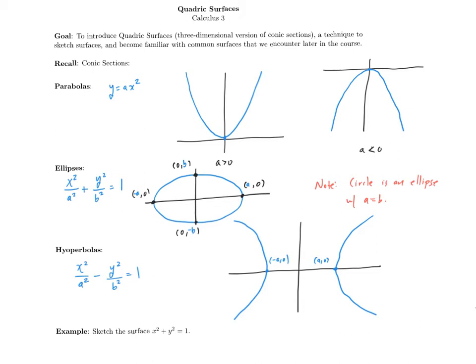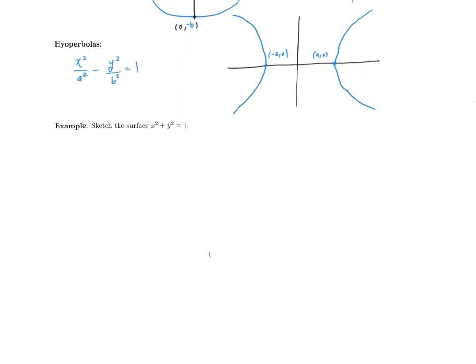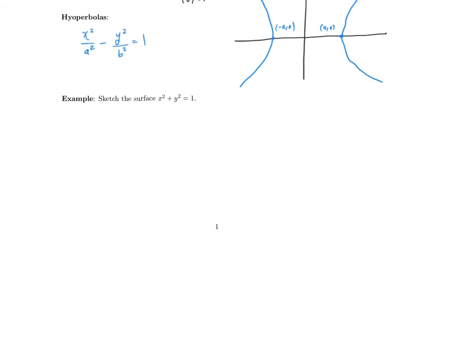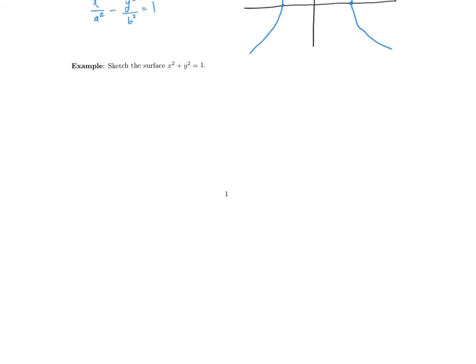All right, so one more example before moving on. Let's go ahead and sketch the surface given by x squared plus y squared equals 1. And note, as we've seen many times, the key word here is a surface.